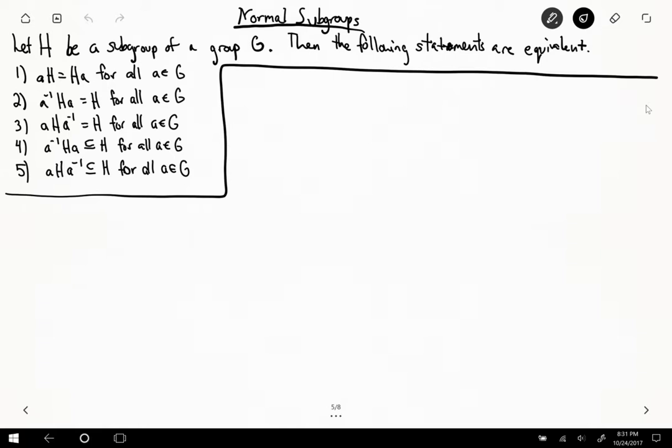The first one, you can go in any route you want to. I'll just start with 1 implies 4, and we'll keep a tally. I don't think we'll be able to fit all of them in here without having to erase some. The reason we start with 1 implies 4 is that showing containments is going to be the easiest. We can do 4 if and only if 5, so that'll make our lives a little easier too.